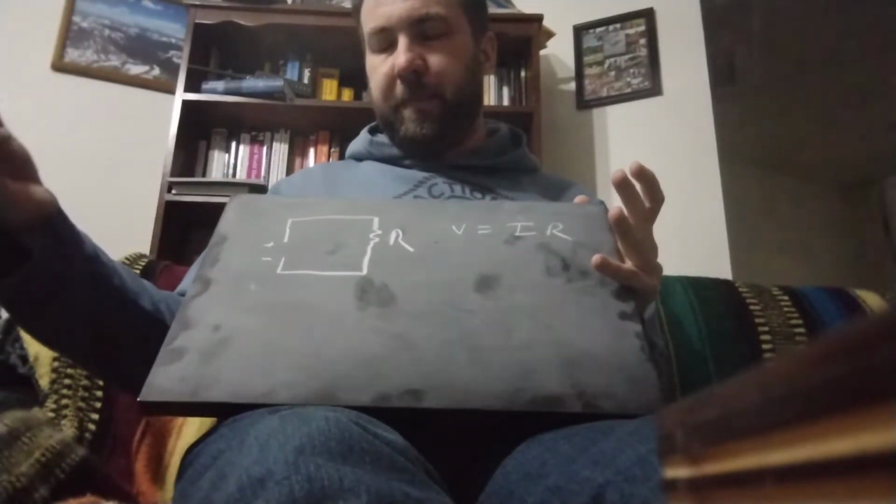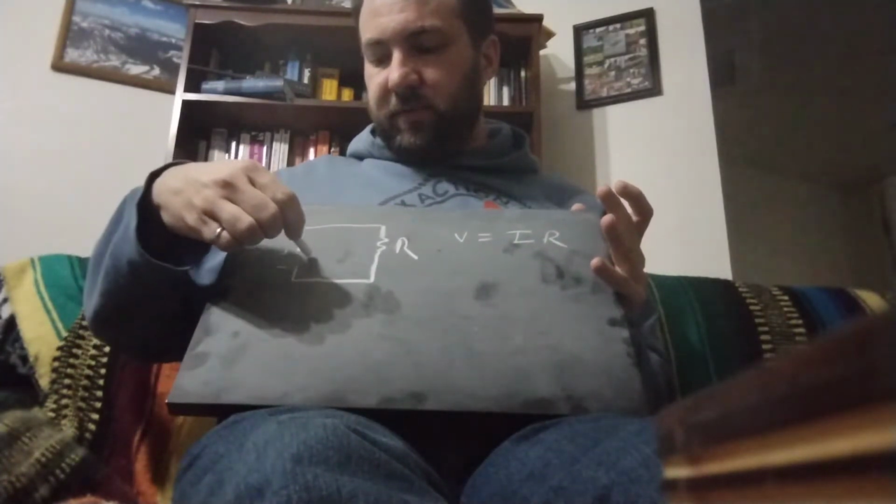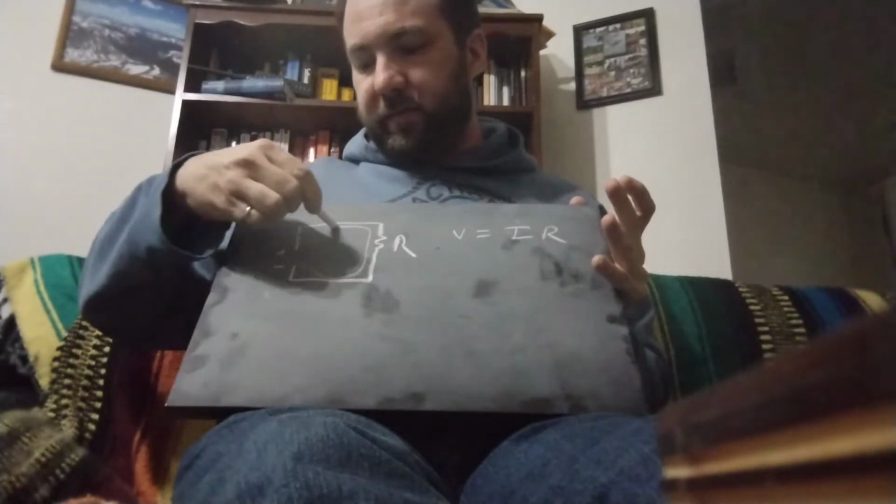So, a basic way to explain something is current. Current is the flow of electrons going from a negative to a positive.